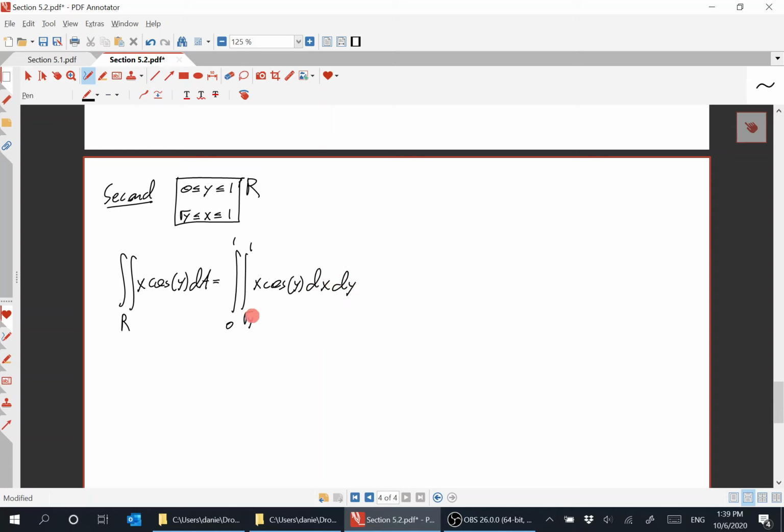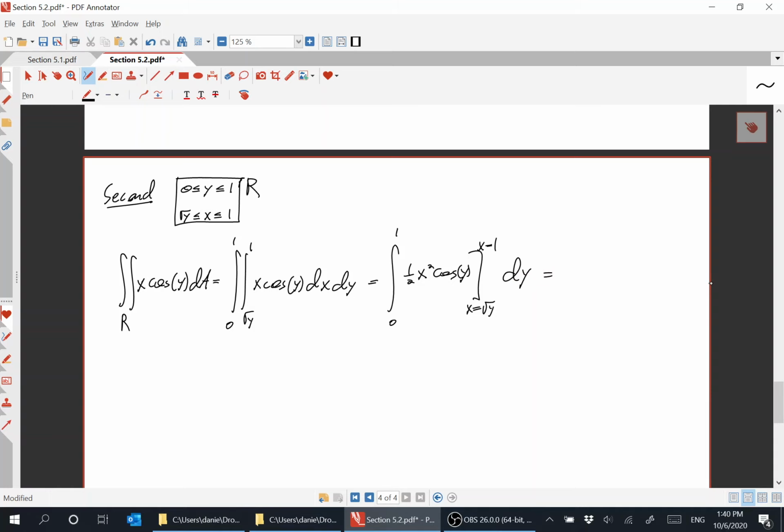So we're integrating with regard to x first, where y is a constant. So this is the integral from 0 to 1. Cosine of y is constant, so the antiderivative with regard to x is 1/2 x squared cosine of y from x equals root y to x equals 1 dy.